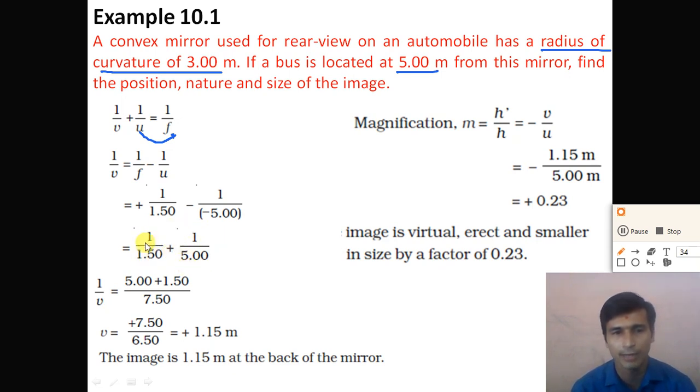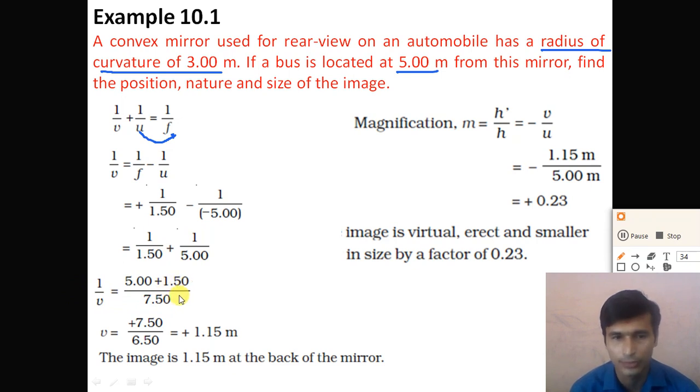If we calculate the LCM, taking 5 on this side and 1.5 on this side, we get 5 plus 1.5 divided by 5 multiplied by 1.5, that is 7.5. So we get 1 by v is equal to 6.50 divided by 7.50.